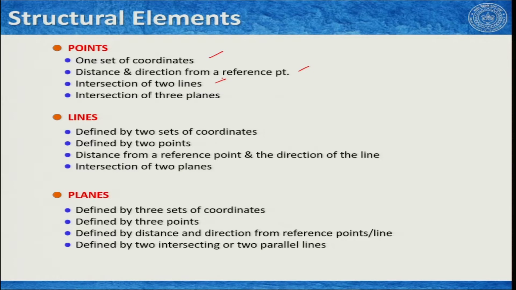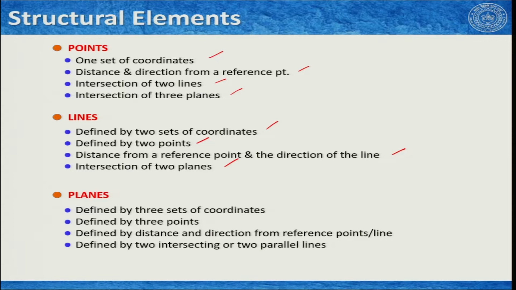You can get a point by the intersection of two lines, and you can get a point by intersection of three planes. In a very similar way, but in different aspects, you get lines by two sets of coordinates. You can define a line by two different points. The distance from a reference point and the direction of the line can define a line, and intersection of two different planes can give you a line.